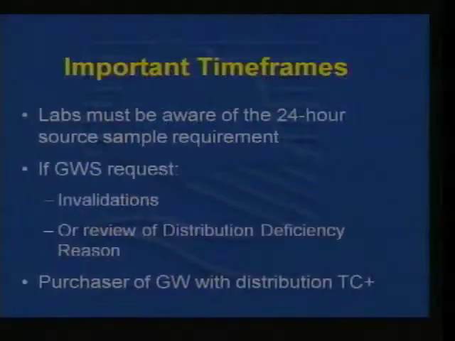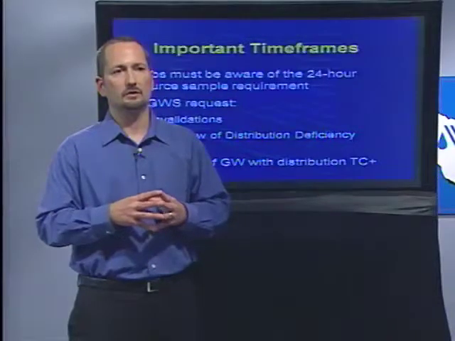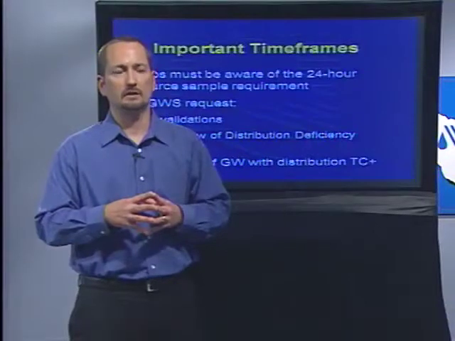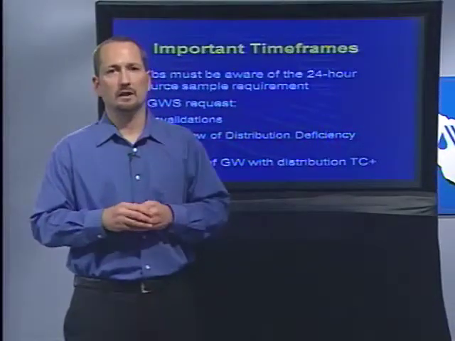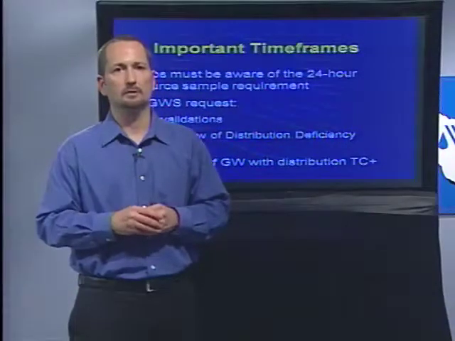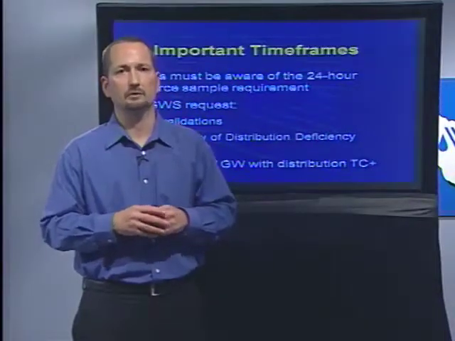Some important time frames to think about: one is labs. The labs, we're currently educating on the Groundwater Rule, and they need to be aware of this 24-hour requirement because we need to see these groundwater source sample results immediately. The groundwater systems also, if they plan on getting an exception to the triggered source monitoring by invalidation or by claiming a distribution deficiency, we've got to be in close contact with the system to process these requests and make sure that the system doesn't get a violation for not taking that source sample.